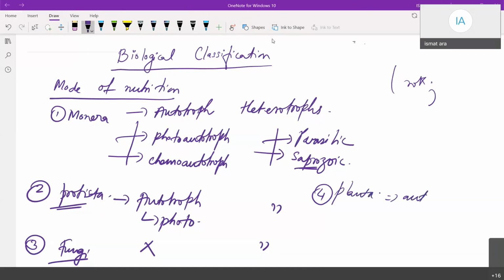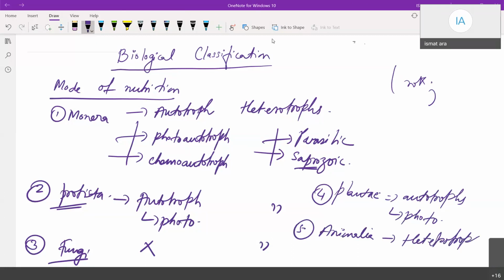Which kind of autotroph? They are photoautotrophs. What about Animalia? They are heterotrophs. Is it clear? Mode of nutrition is clear to all of you? Students? Yes, ma'am. Clear now?